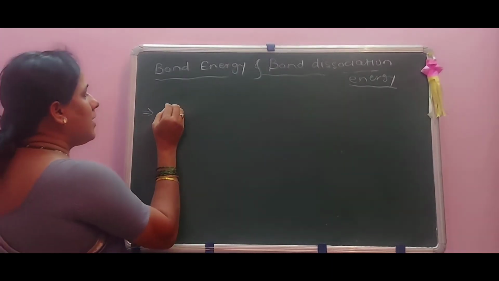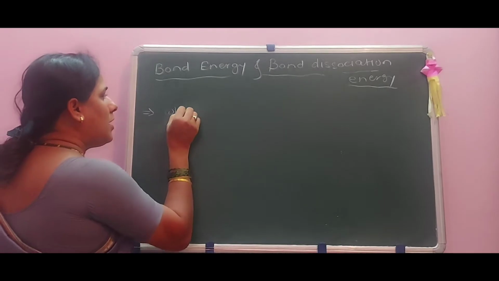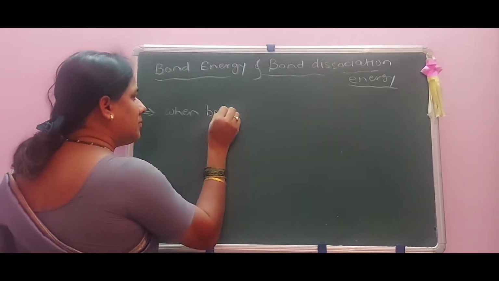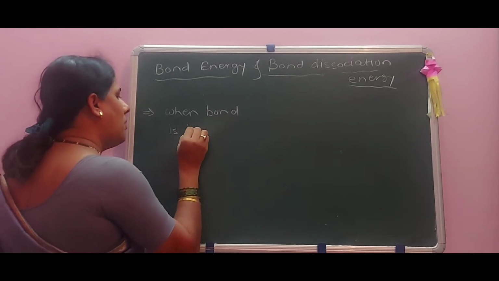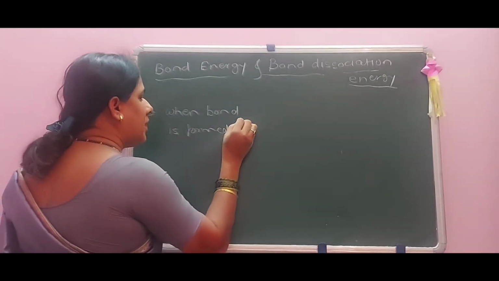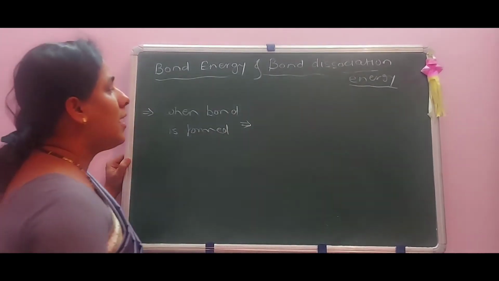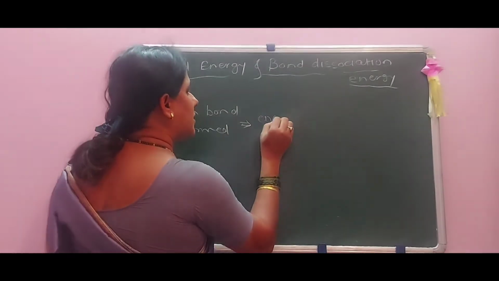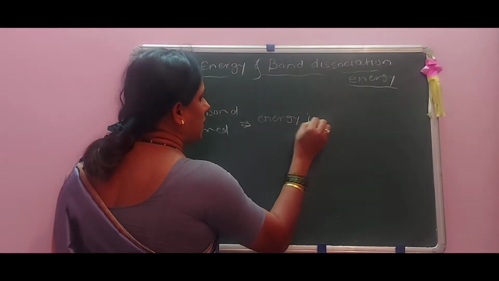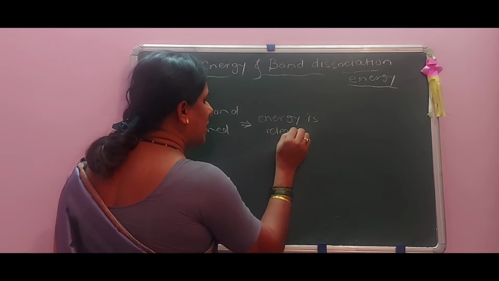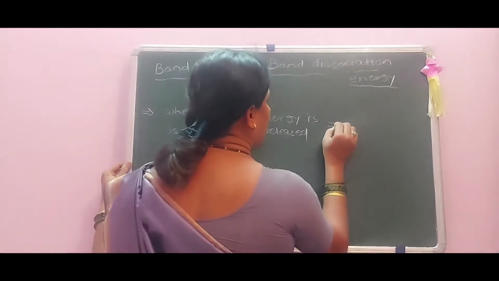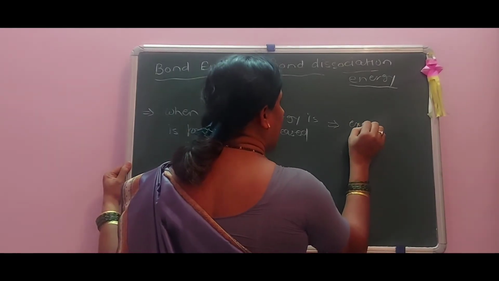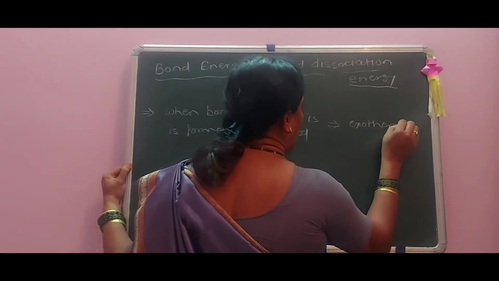In a chemical reaction, when a bond is formed, what happens here? Energy is released. That is, the reaction is an exothermic one.